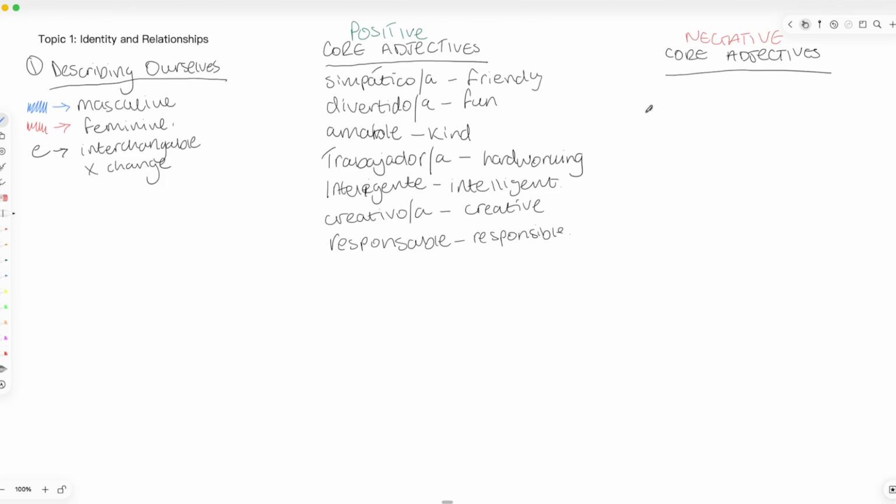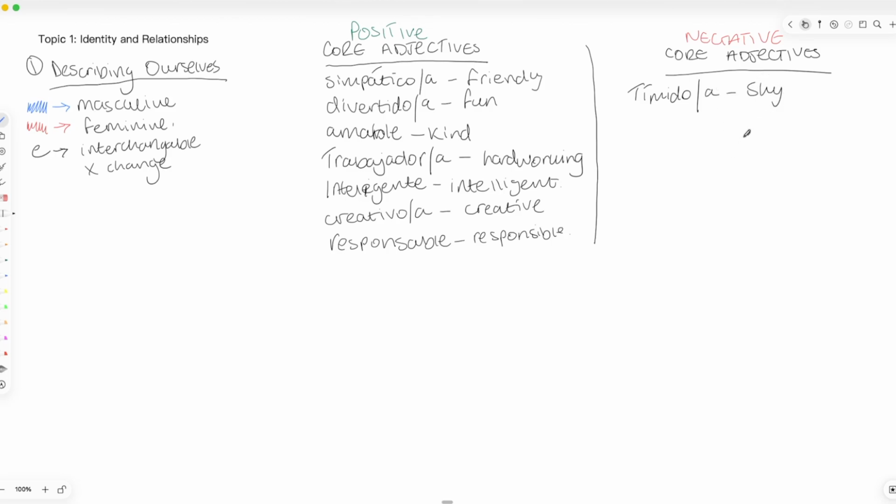We will also look at different sentence starters and whatnot. I'm just trying to build up your vocabulary to begin with. We can use the word, it's not really a negative, but depending on your perspective, tímido or tímida, timid or shy.